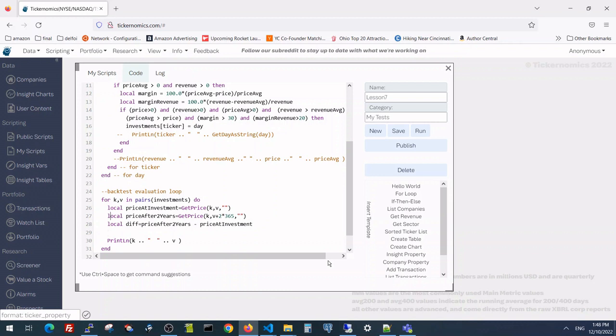Now, of course, we need to make sure that both of these are above 0, to avoid division by 0.